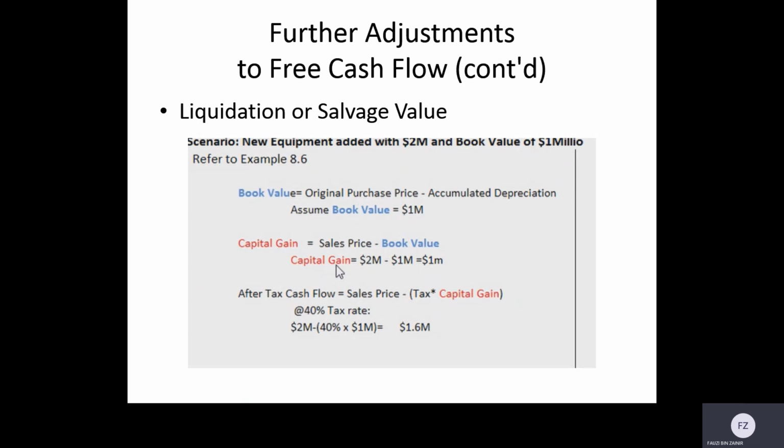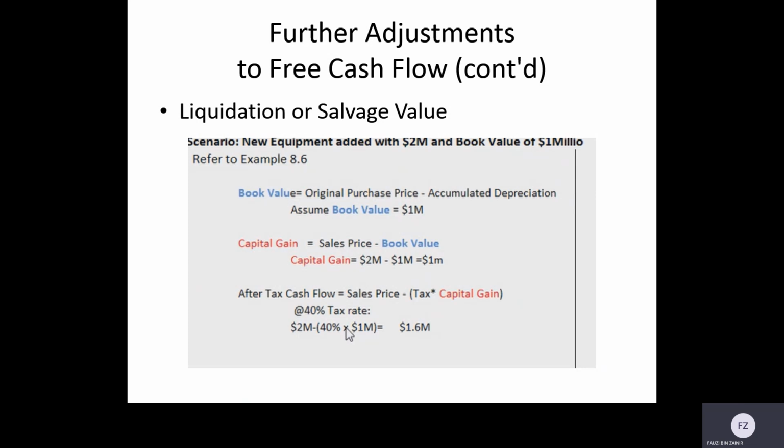So what we found is that if the company were to realize any capital gain, basically a profit, it has to be taxed. The tax is the tax rate times the capital gain, which is 40% times 1 million, which is 400,000.